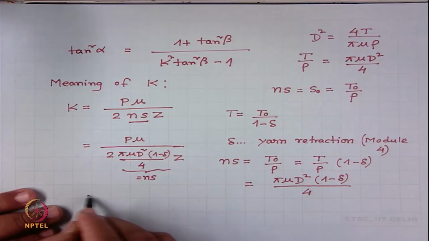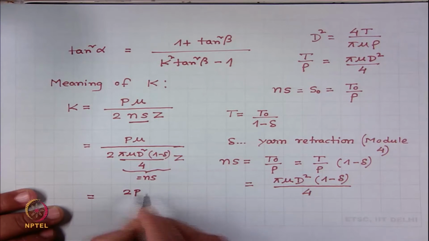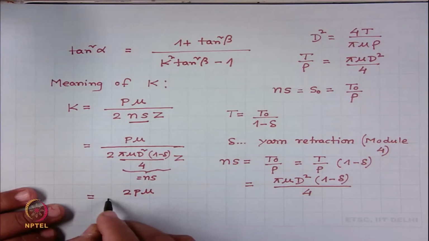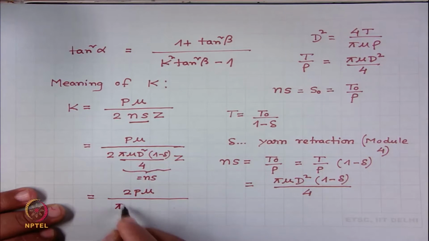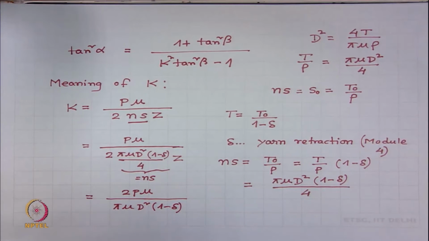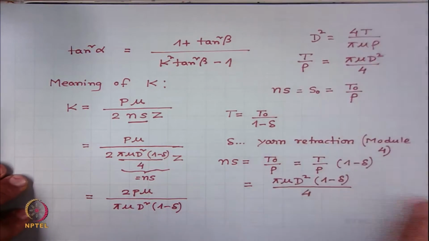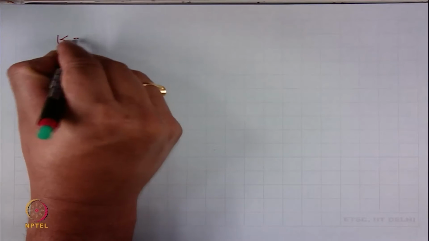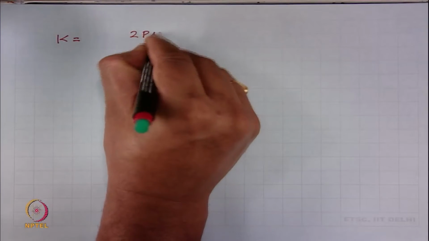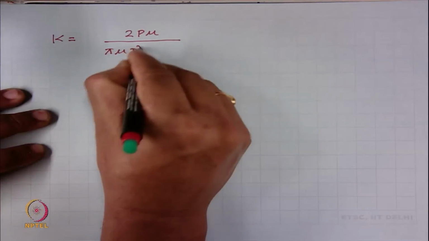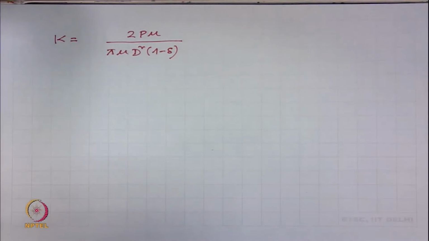So, 2 p mu divided by pi mu d square, 1 minus retraction. Let us write it further. K is equal to 2 p mu over pi mu d square, 1 minus retraction.